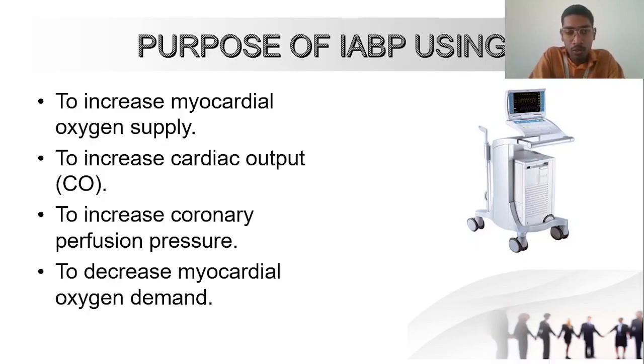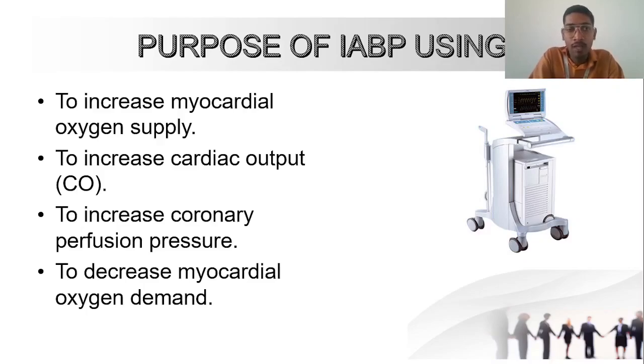It also increases myocardial oxygen supply. A decreased cardiac output may be caused by ischemia, myocardial infarction, or some other pathological condition that affects our heart, right? In that case, myocardial oxygen gets lower.